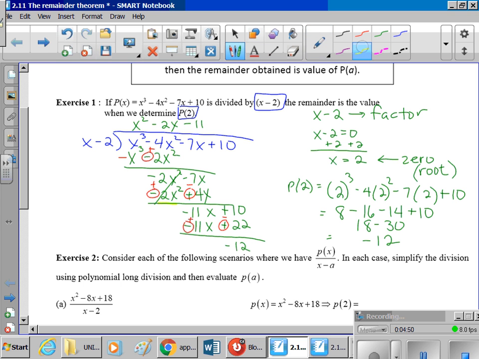So as we can see, the remainder here is equal to p of 2.